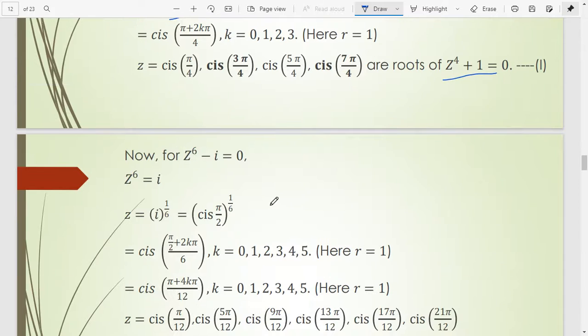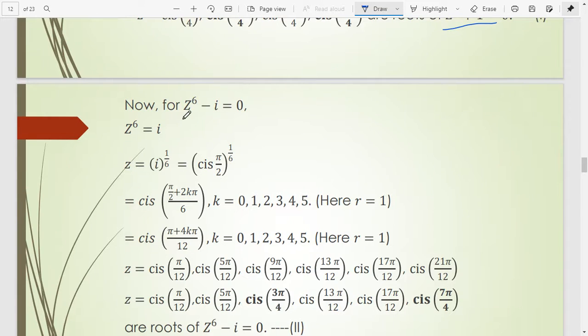Now z^6 − i = 0, so we can write z^6 = i. Graphically we can draw a graph: positive i, we can find on the y-axis.